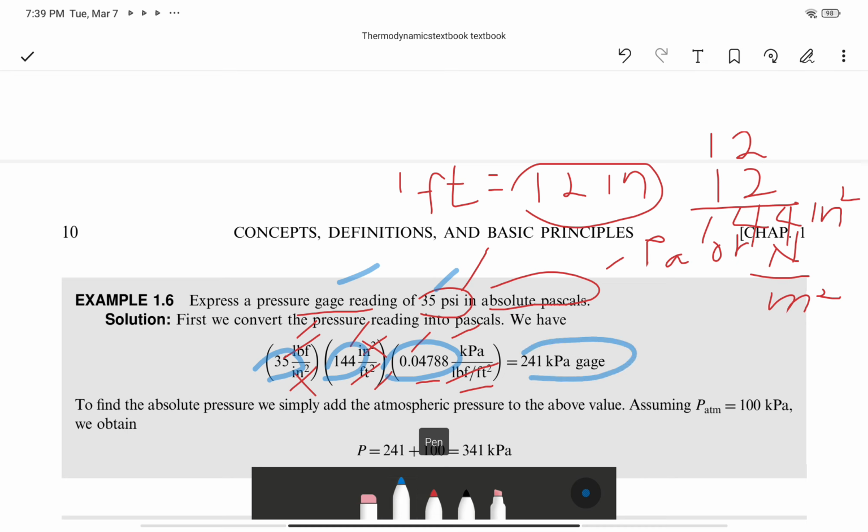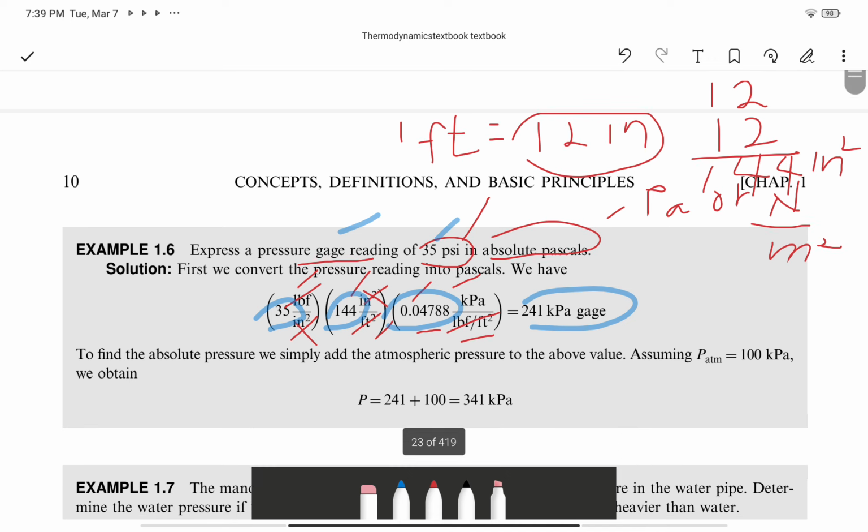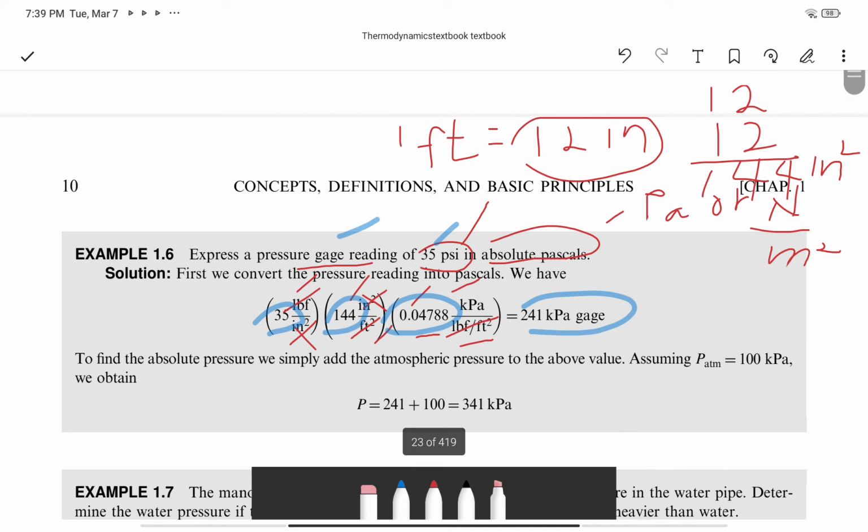Okay? So to get an absolute, it says here that to find the absolute pressure, we simply add atmospheric pressure to the above value. Means this 241 kilopascal, you add atmospheric pressure to this, it will give you absolute.